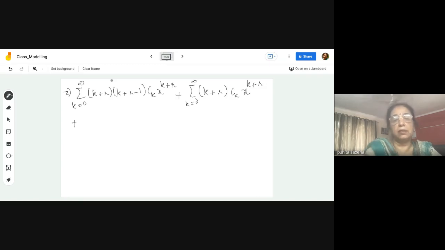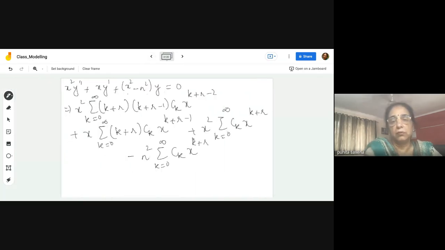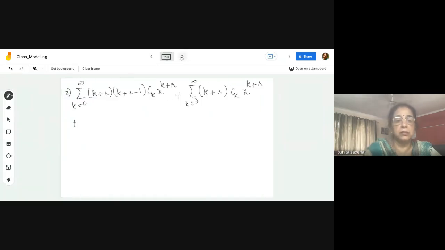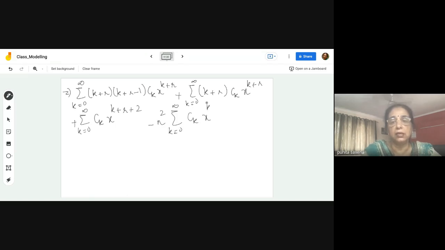The third one, which is x² into this, is going to be the summation, k from 0 to infinity, of c_k x^(k+r+2), right? And it's going to be minus n² times the summation, k from 0 to infinity, of c_k x^(k+r), equal to 0. Is this correct?